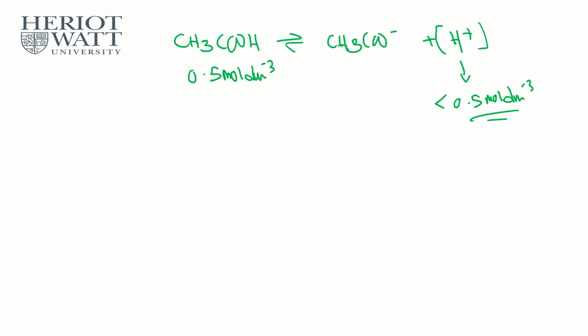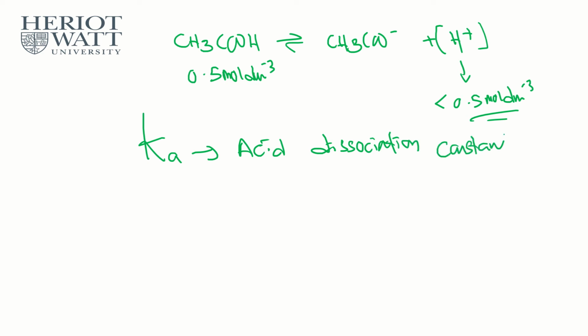Now, how do we know the exact value or the actual concentration of H plus produced from this ethanoic acid? We need one thing, Ka value. We need a constant. And Ka, we call it the acid dissociation constant. Okay, and this constant, no worry, is given in a data booklet for most of the weak acids.